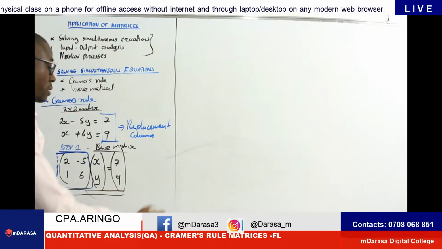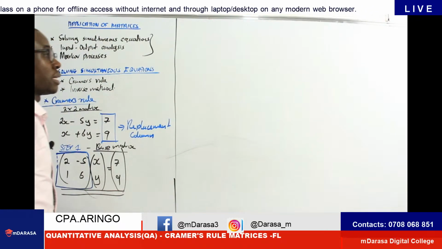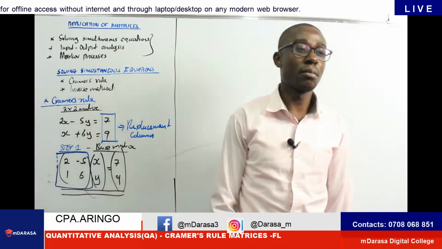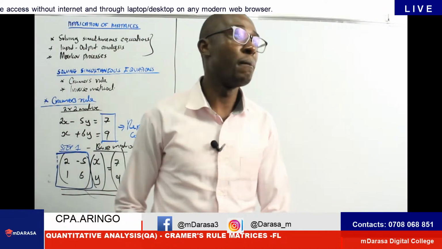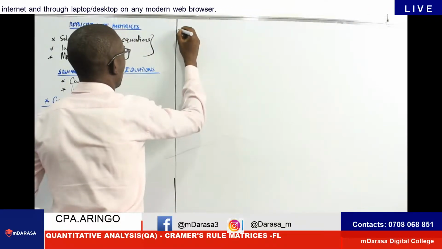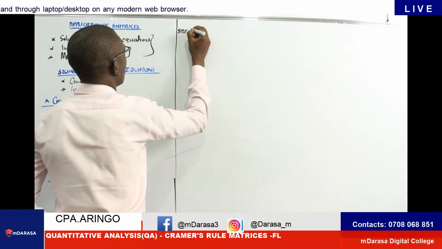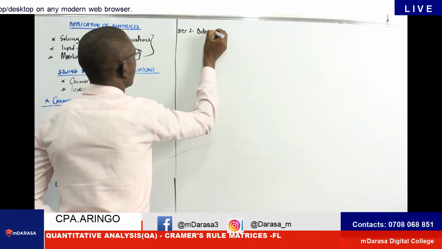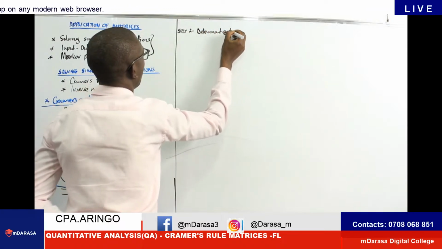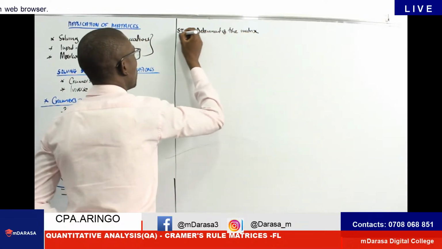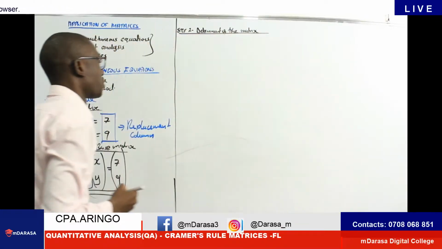Step number two at this point, my good students, let us determine the determinant of our base matrix. And how do you determine the determinant of the base matrix, my good students?